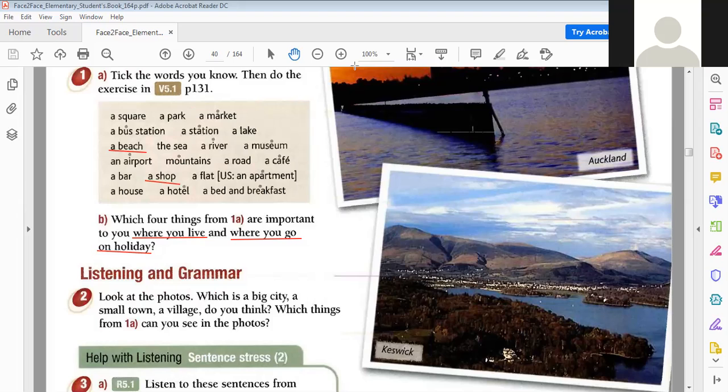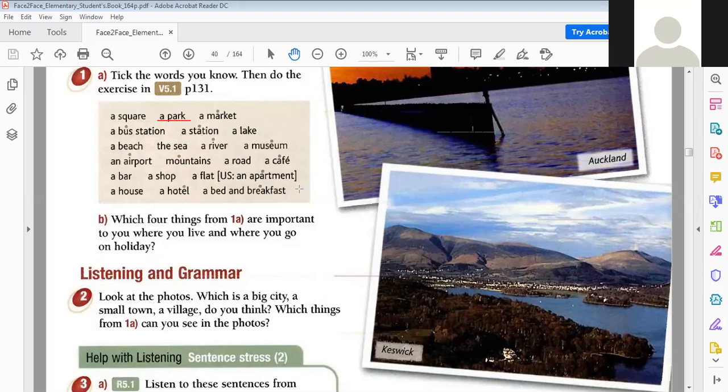What do you think here, Manan? Things which are important where you live and places which are important when you go on holiday. A park is very important for me. I take my children to the park on holiday.